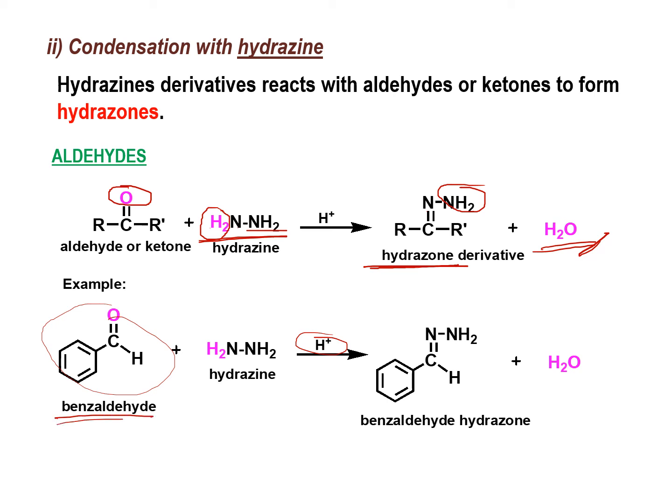Nama dia ambil nama asal awal tu, benzaldehyde, tambah je because this gabung dengan NH2 ni kan. So dia akan jadi benzaldehyde hydrazone. Make sure you remember the structure and also the name of the ammonia derivative.